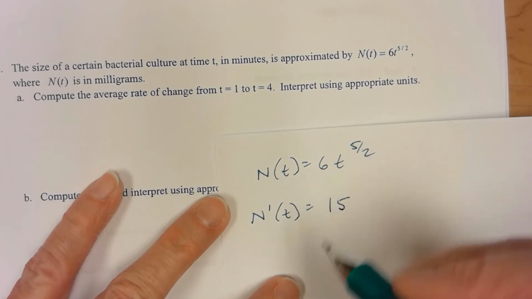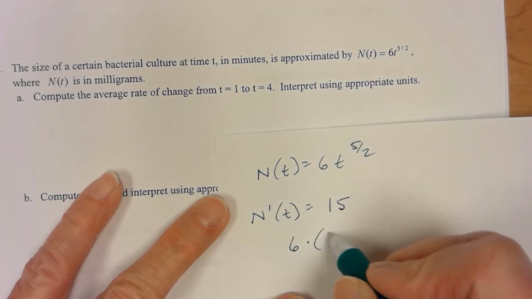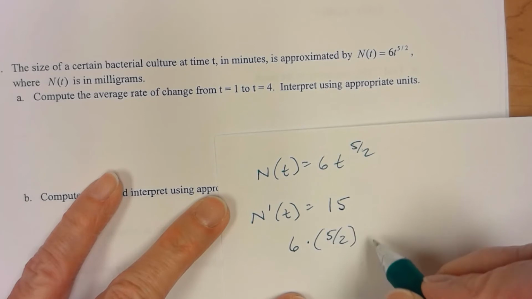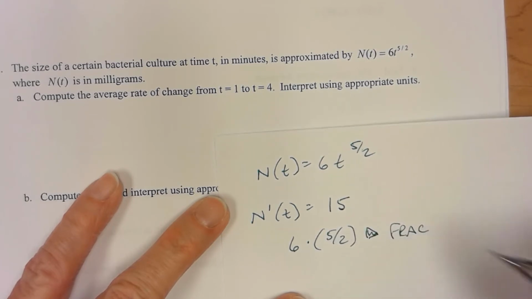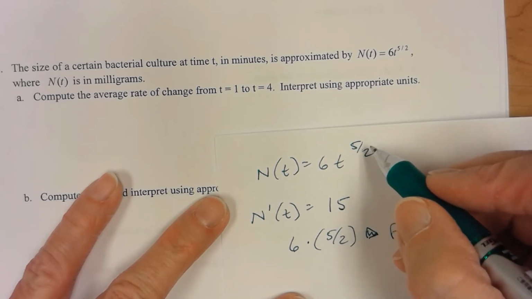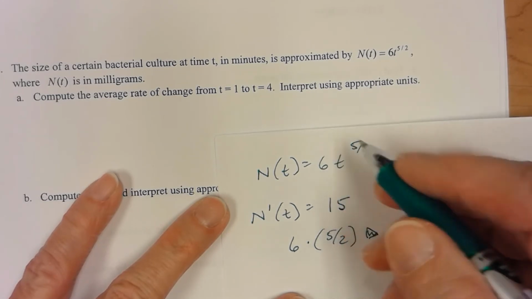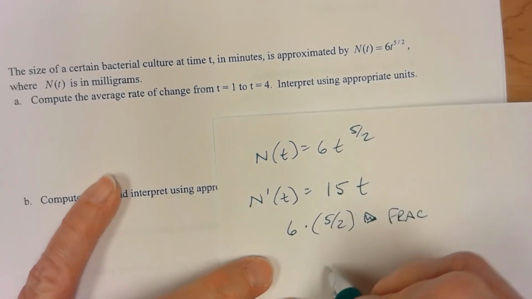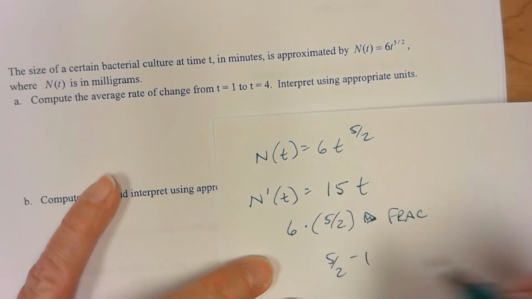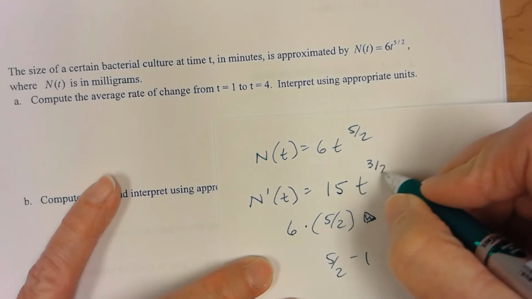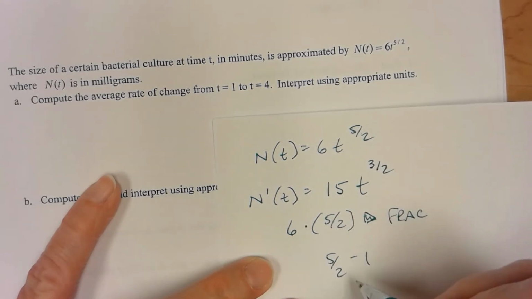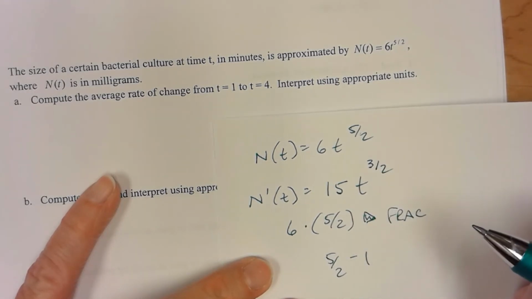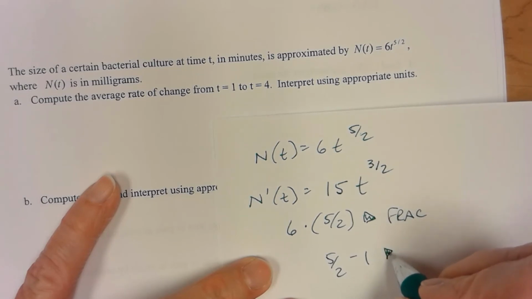Try it via calculator, but put 6 times 5/2 and then go ask it to frac. But now, once I do exponent times coefficient, decrease power by 1. So 5/2 minus 1, that will give you your 3/2. Again, try it via calculator. And also remember to frac that thing.